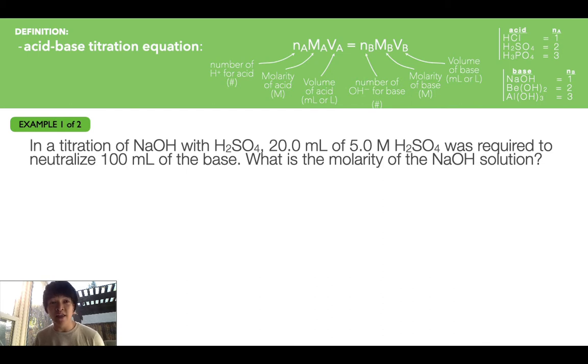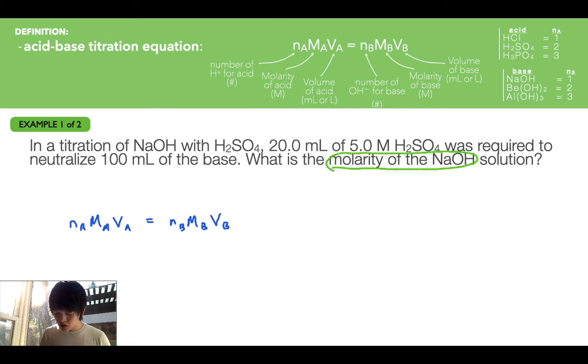So we write down the titration equation. According to this problem, we want to solve for the molarity of our NaOH, the concentration of the base. And the concentration of the base is represented with Mb. We should know or be able to identify everything else from the problem.